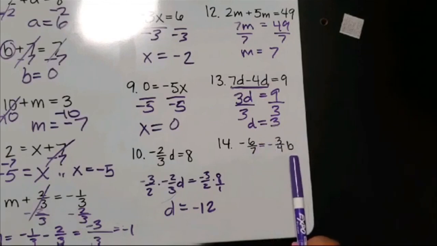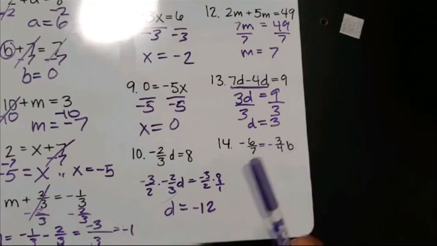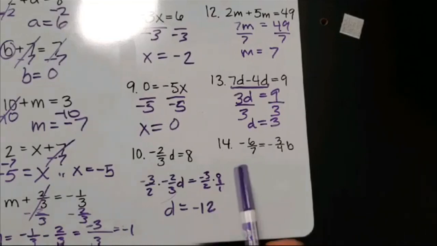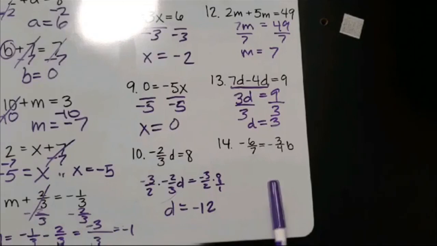That's going to get us our variable by itself. If we multiply both sides by negative 7 over 6, it will be something that we did, but it wouldn't get us closer to the answer.